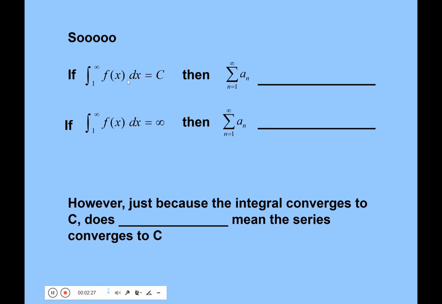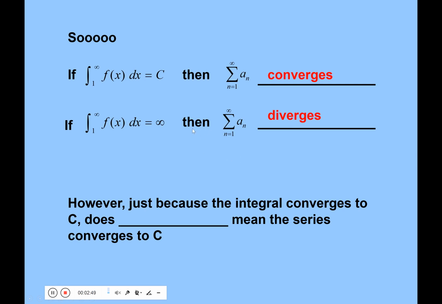Remember, we've done these unbounded integrals before, right, where you go to infinity. So if the integral equals a constant, then that means that not only does the integral converge, but the series converges. And then if the integral equals infinity, so in other words, the integral doesn't exist, then that means that the series is going to diverge.